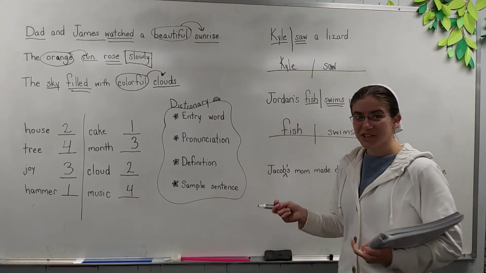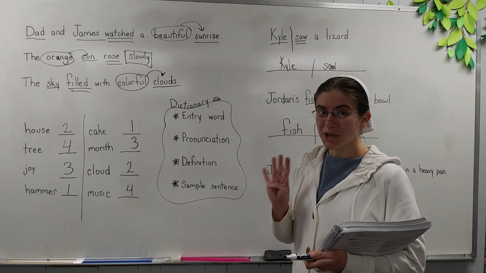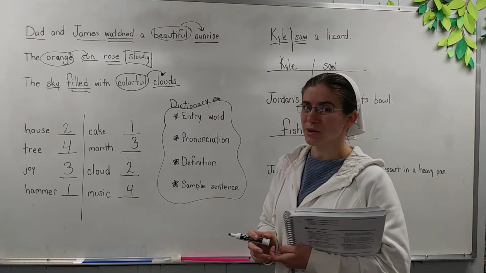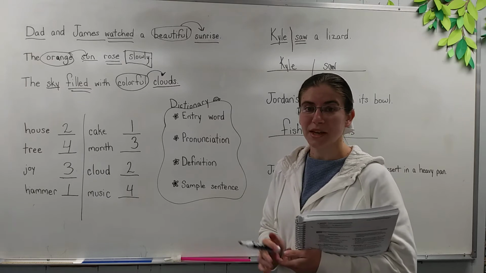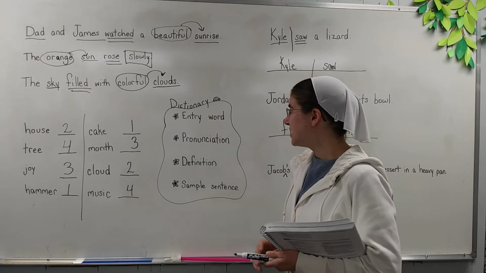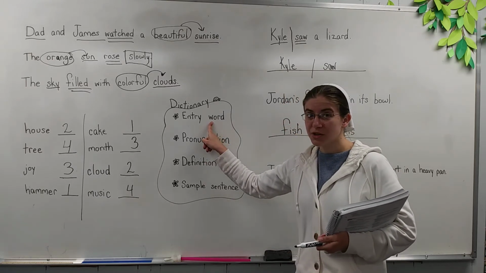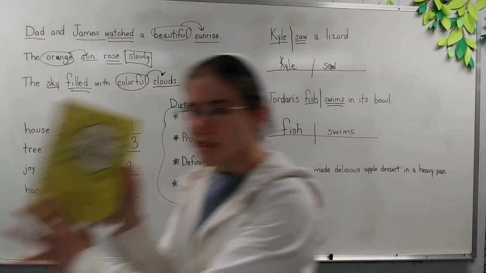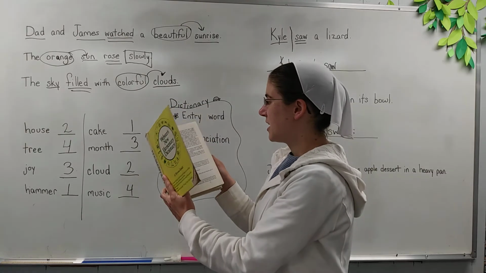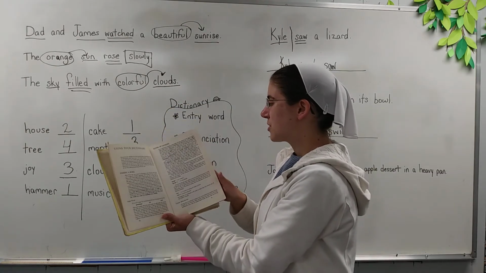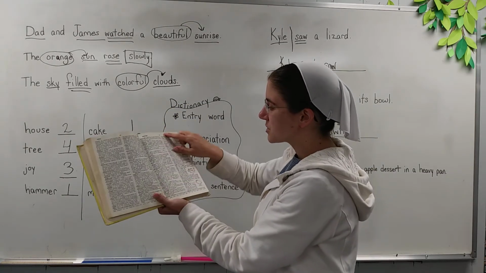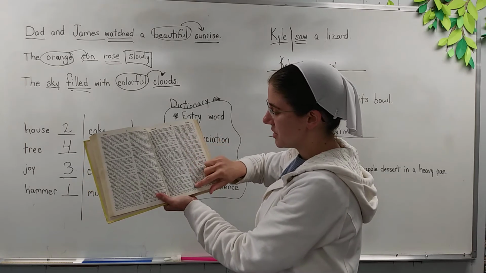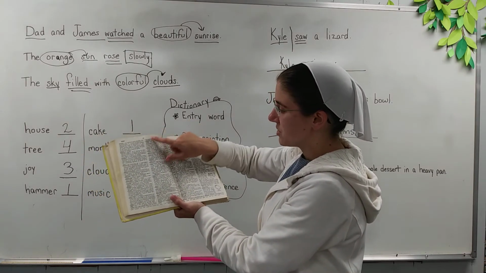So in a dictionary, there are four different things that we've talked about that a dictionary can help us find. We have entry words. Remember our entry words in a dictionary. So here I have the dictionary, and my entry words are all these words in bold print that are down the page.